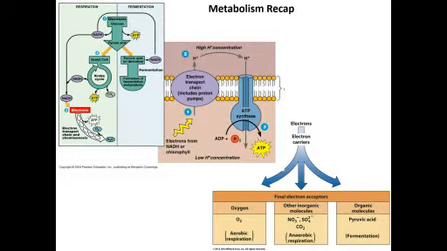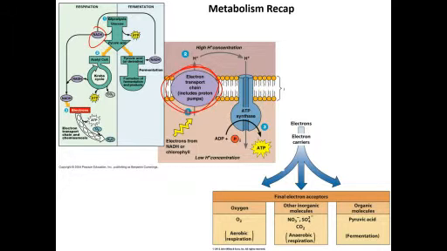This is kind of a nice overview of metabolism. It's showing you aerobic respiration and fermentation. Here, all the electrons that are transferred to your electron carriers NADH and FADH2, all these electrons are transferred to the electron transport chain.